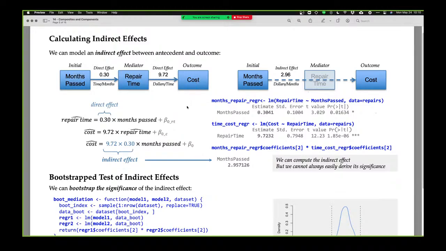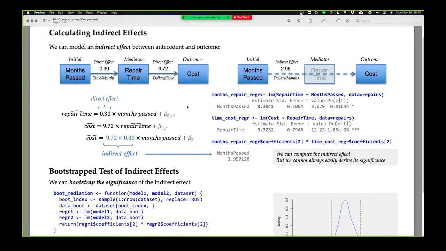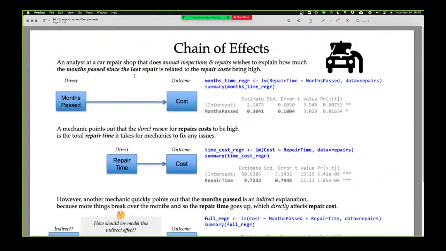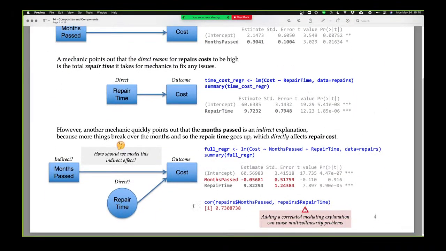All right. And as we saw in the previous slide, we can't put both these variables into the same regression because, well, they are highly correlated is one problem. But the other problem is it's inaccurate to show them as a single regression because really months passed is affecting repair time and repair time is affecting cost.